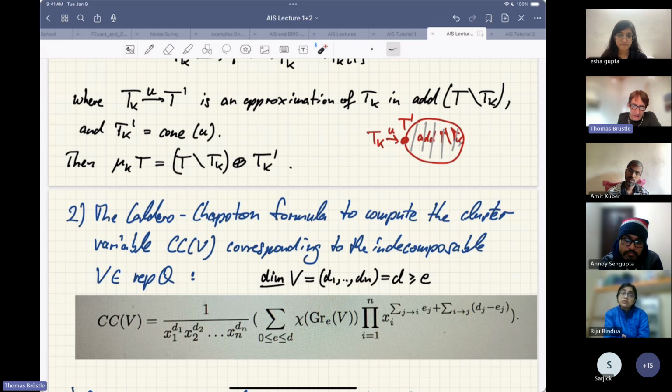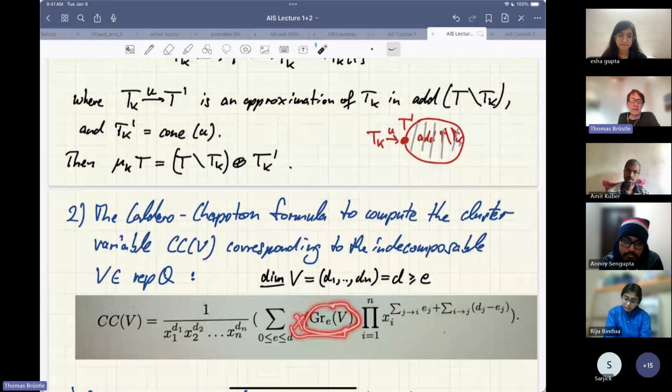The algebraic variety can be measured by the Euler characteristic, which computes a number out of this algebraic variety. And this is the coefficient that I take here.